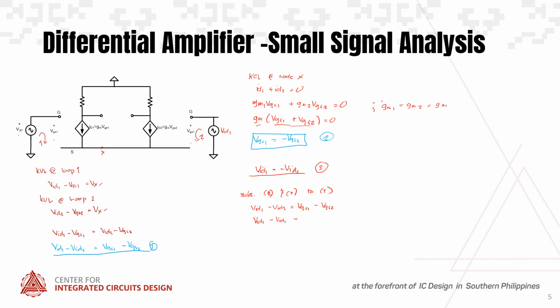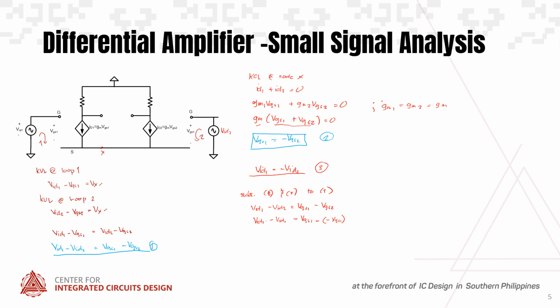And VGS1 minus this VGS2 from equation 2 is equal to VGS1 minus negative VGS1.